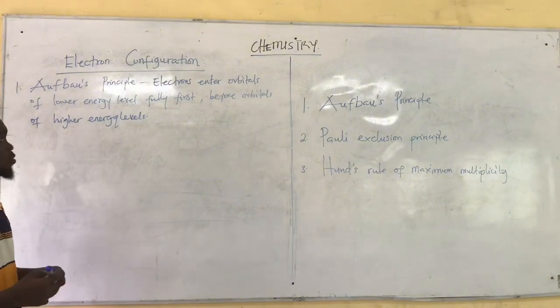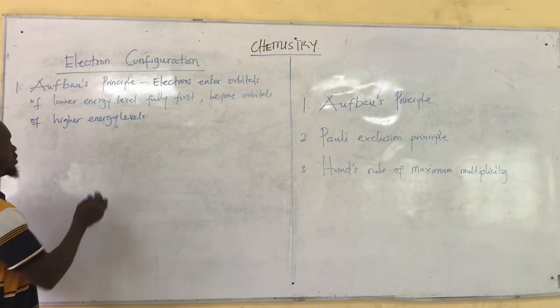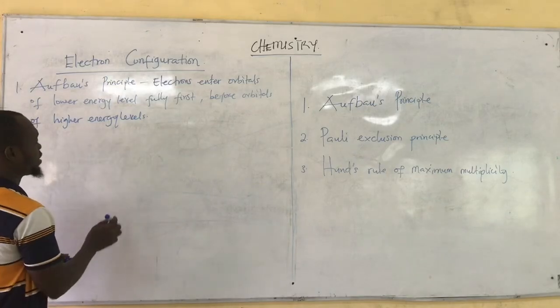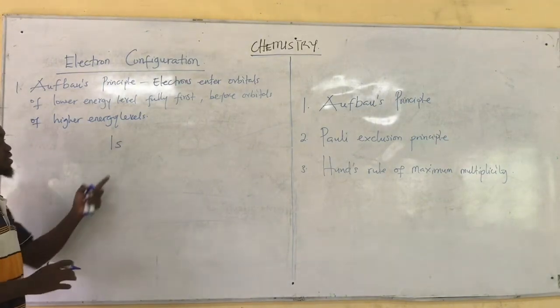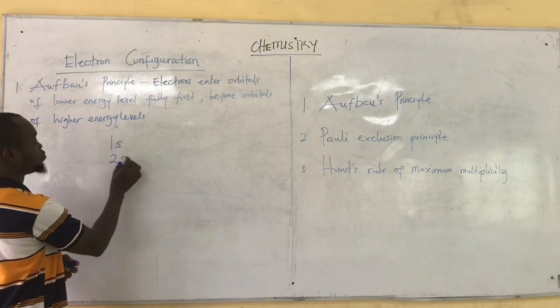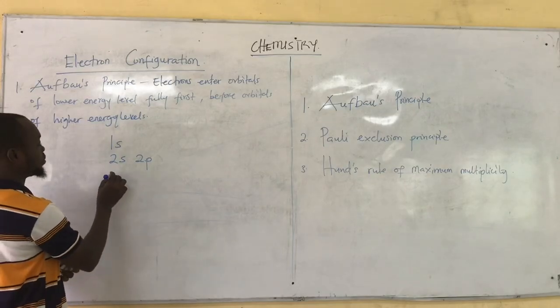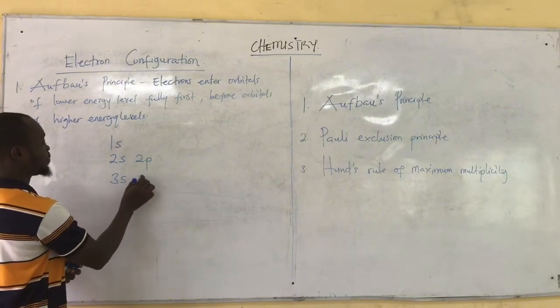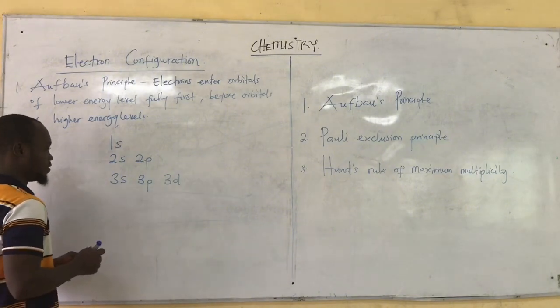So from our ideology in quantum numbers, we got to know that the first shell or the first energy level has one orbital, and that is the s orbital. In the second, we have the 2s and the 2p. In the third, we have the 3s, the 3p, and the 3d.